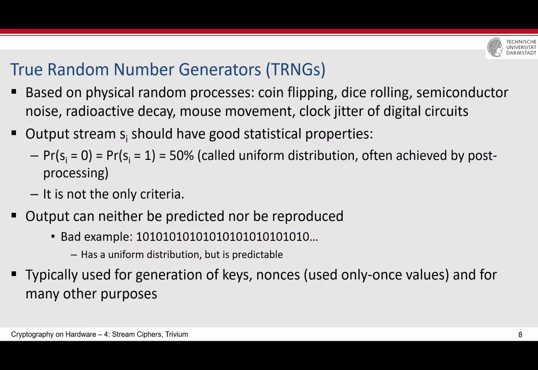because it is highly predictable. And usually the TRNGs are used for the generation of keys, or as I said, during protocol communication between two parties. Then some random numbers should be generated, and they should not be generated at very high speed or very often. For example, after power up, one random number is generated and then it is used for a long time.